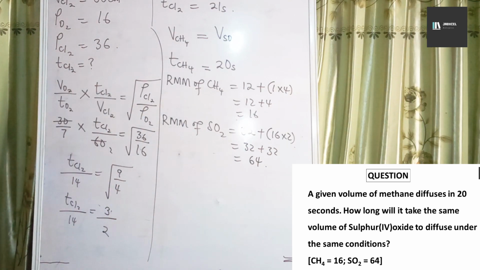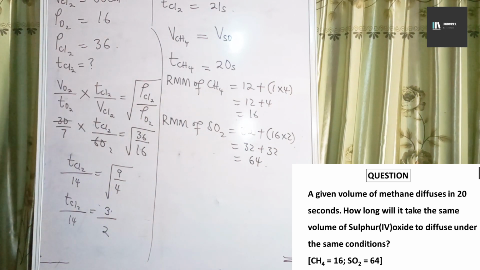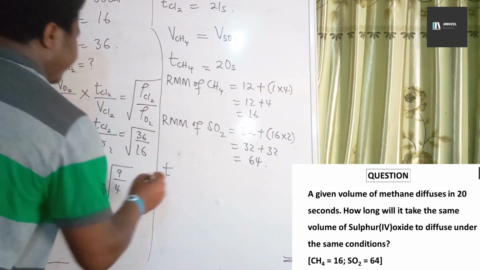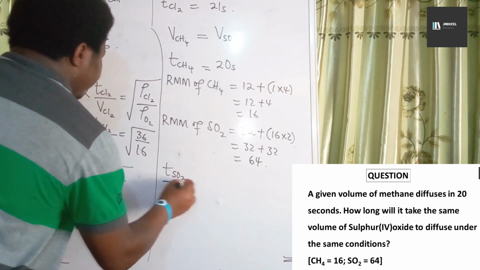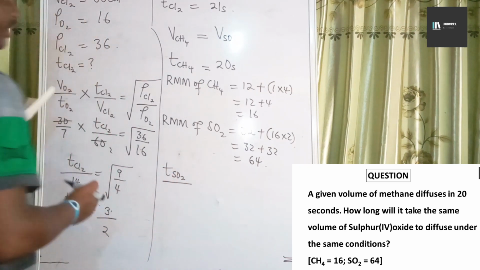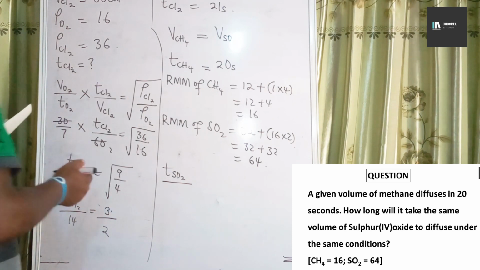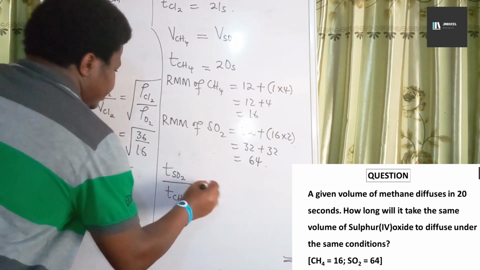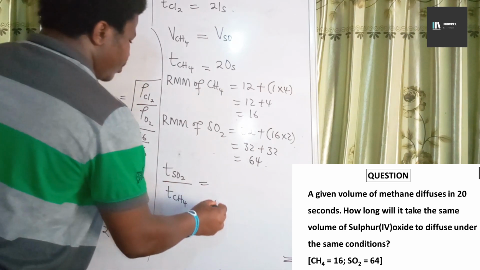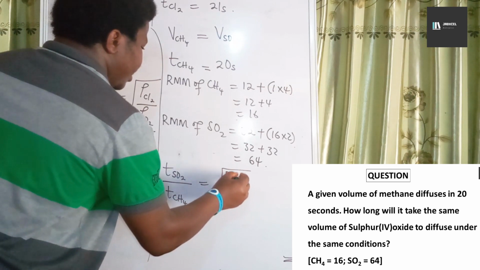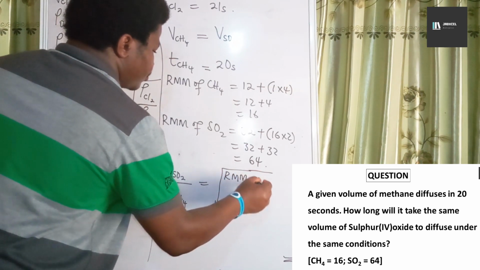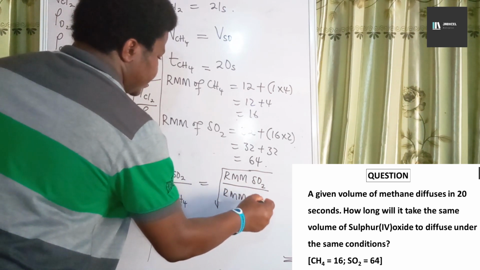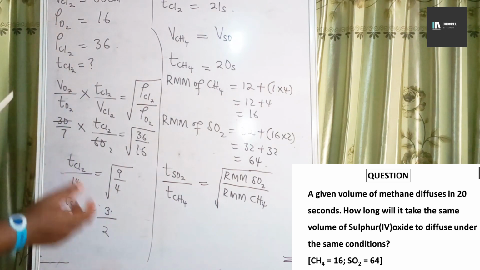So of the formulae we wrote the other time, the one we are going to make use of is the time taken for SO2 to diffuse over, because I want to take SO2 as the second gas. So T2 over the time taken for the first gas, which is methane, to diffuse, is equal to the square root of the relative molecular mass of SO2 divided by the relative molecular mass of methane, because the volume is the same.